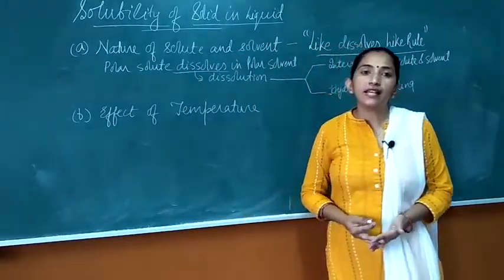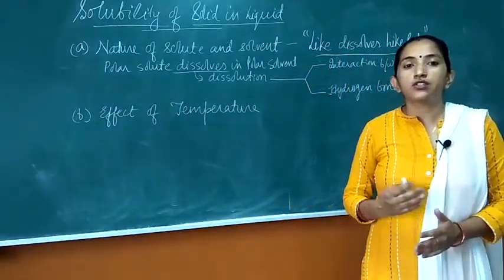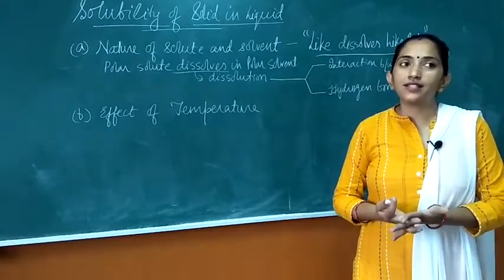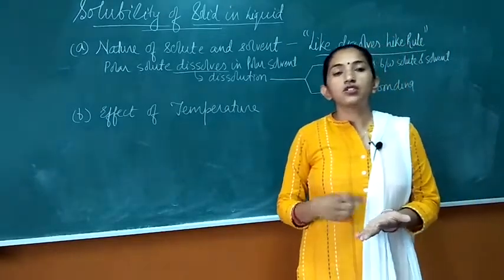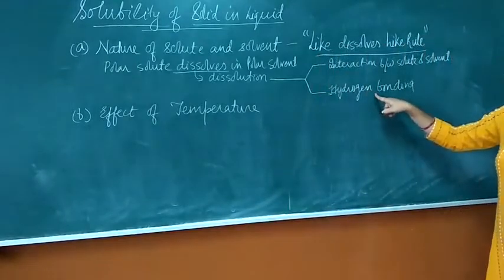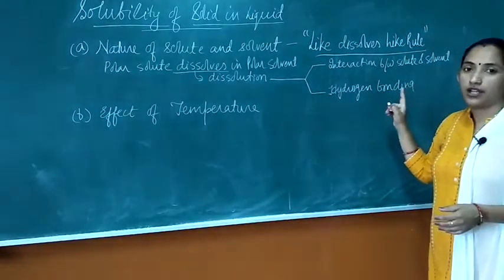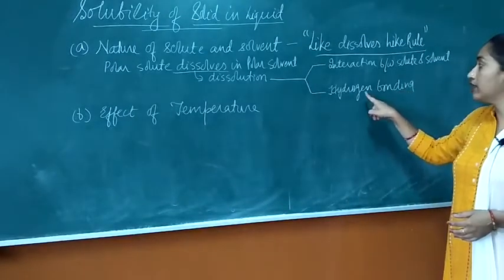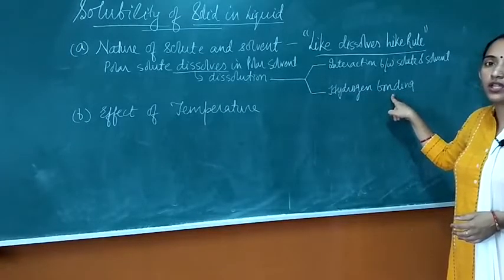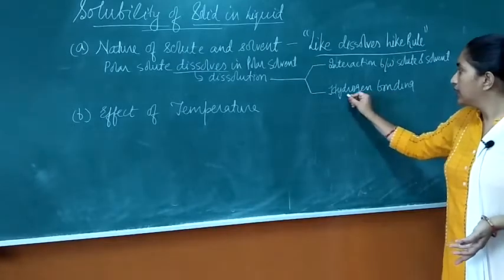But if you take the example of sugar, when sugar is added into water, sugar is a non-polar solute and water is a polar solvent. So why is it that sugar dissolves in water? In that case, this is the second factor, hydrogen bonding. Such a solute, being non-polar, dissolves in a polar solvent because there is formation of hydrogen bonds between the non-polar solute and the polar solvent.